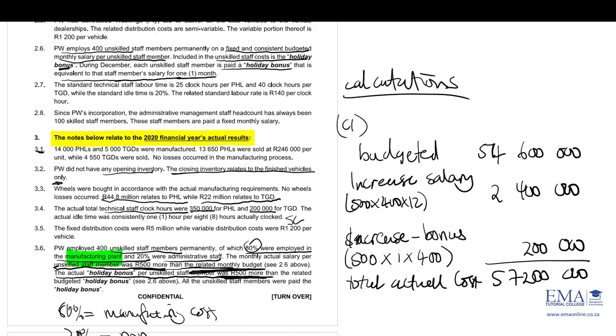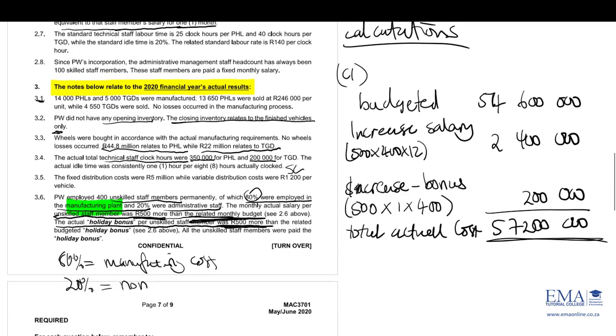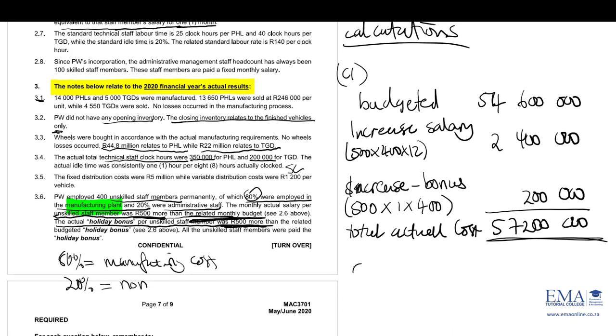Okay, so if you look at this, this is going to be the total cost. Of this total cost, 80% is factory or manufacturing. 80% is manufacturing.